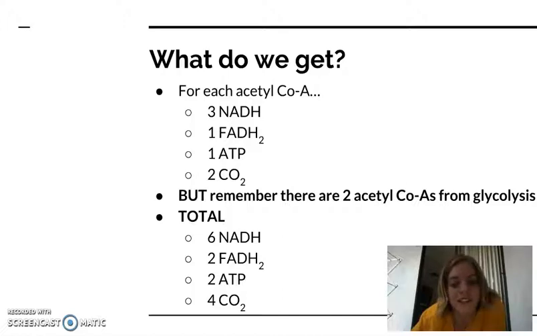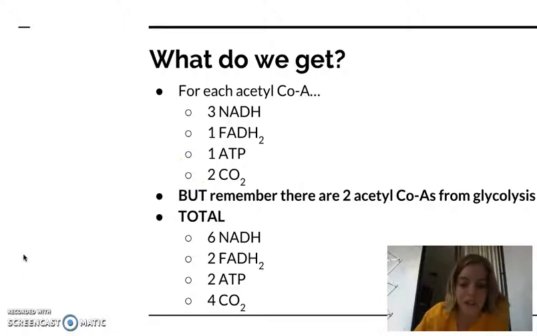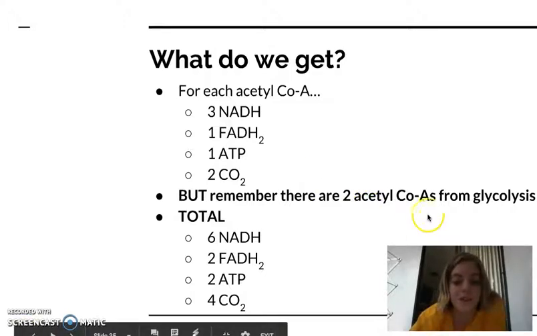For each acetyl-CoA molecule that goes through the citric acid cycle, we end up with 3 NADH, 1 FADH2, 1 ATP, and 2 carbon dioxide. But remember, after glycolysis, we end up with 2 pyruvates, which through the intermediate reactions are turned into 2 acetyl-CoAs.